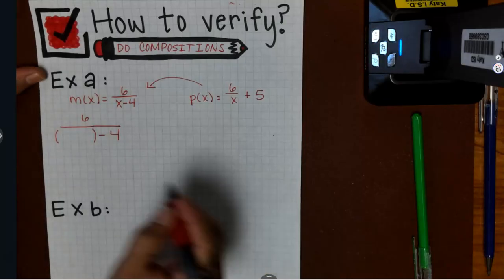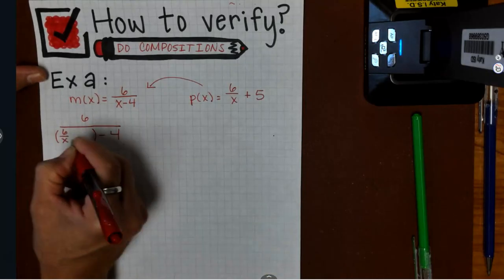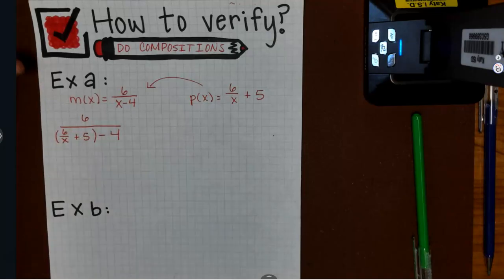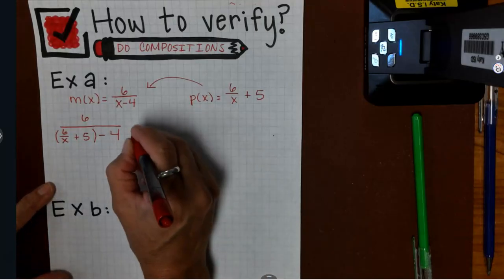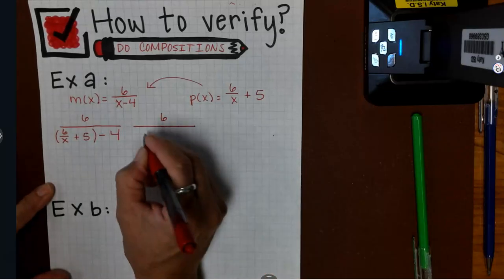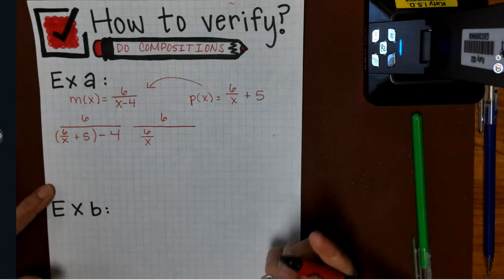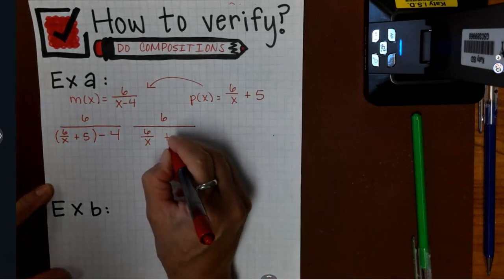All right, here we go. Oh, I don't even need those parentheses. So I can't do anything with that numerator, so I'm going to recopy it. I can't do too much down here either. All I can do is 5 minus 4, which is plus 1.